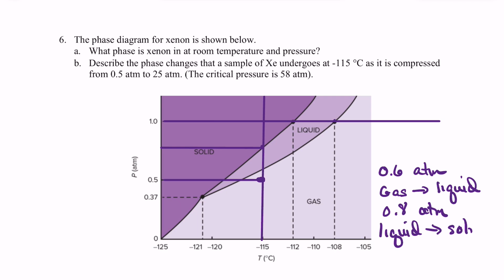There may be, at very high pressures, another phase of solid xenon, but we cannot tell that from this particular diagram here. We're certainly going to expect at 25 atmospheres it's going to be a solid. Whether it's the same solid phase that occurs at 1 atmosphere or not, we don't know. We need more information for that.